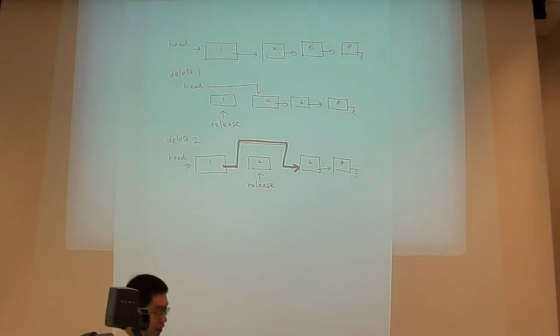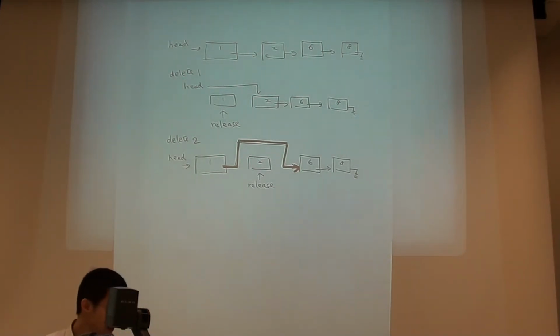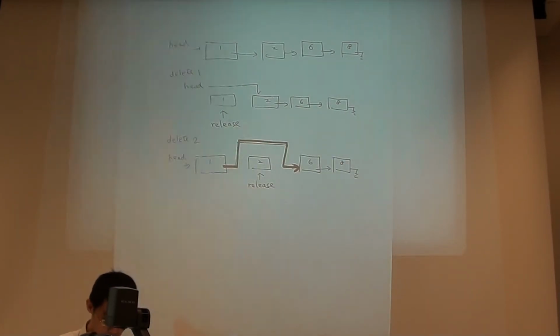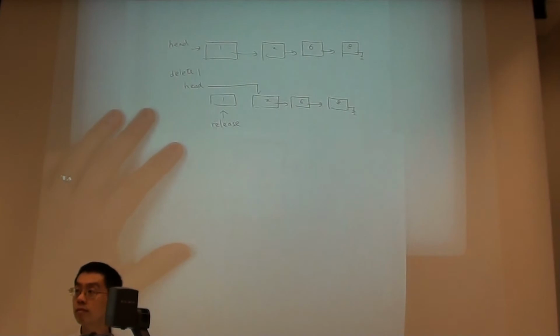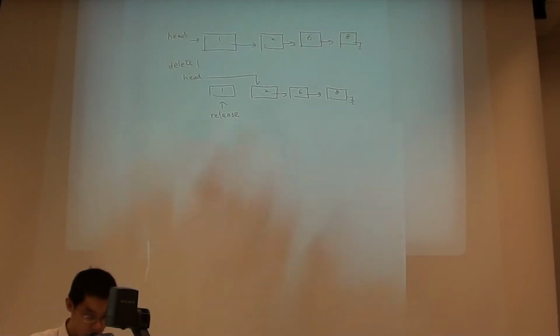So if you look at this piece of code here, if the value is the value you want to delete, in this case 1, that will be this case. Then by returning head next, I'm returning the address of the second node.